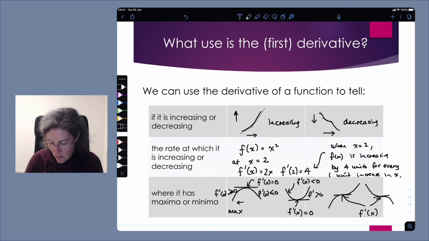But in the cases where we don't have a maximum or a minimum, notice that our first derivative stays the same sign. So in this increasing case over here, here's our first derivative is equal to 0. But on both sides of this, our first derivative is bigger than 0. And in this case, on both sides of our flat bit, it's less than 0.